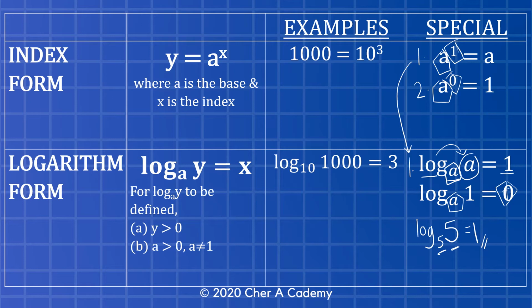So if I log 1 with any base, for example, it could be maybe 2, as long as I'm logging 1, my answer will be 0.